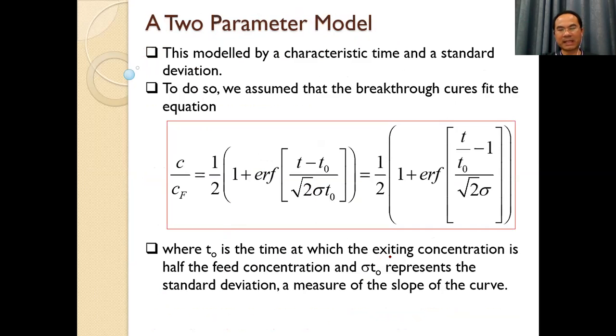T0 is the time at which the exit concentration is half of the feed concentration, that is C equal to 0.5 CF. Sigma T0 represents the standard deviation, which is the slope of the curve.